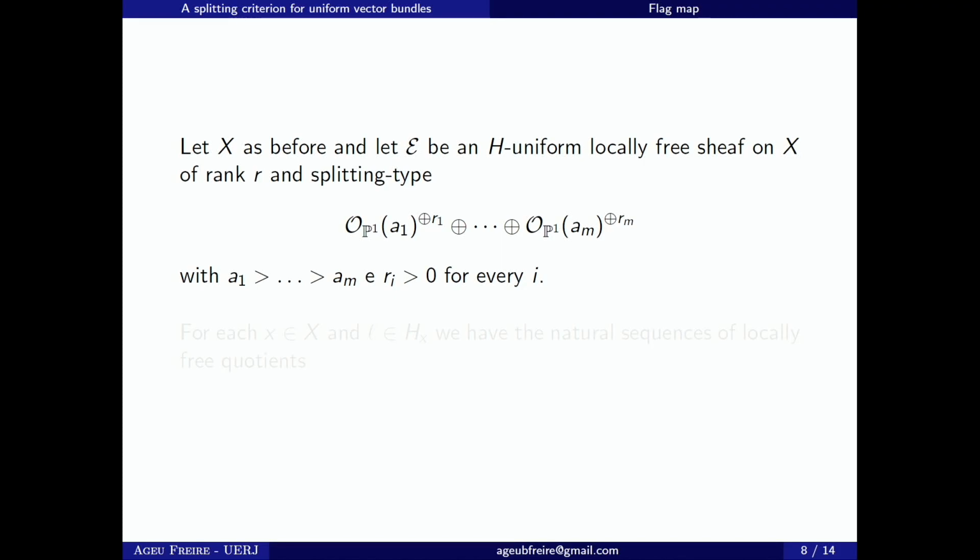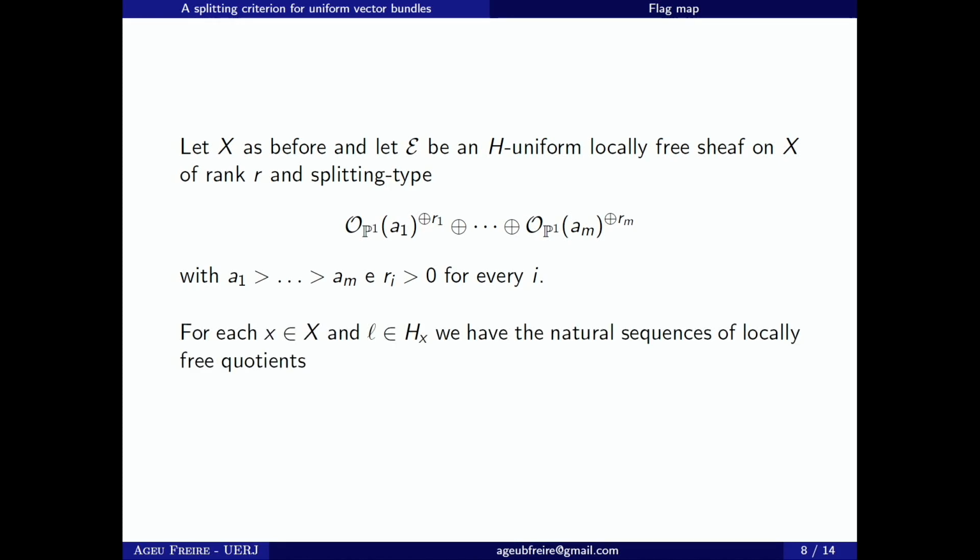Now, we would like to construct a map which will bring to us some properties of the splitness of a locally free sheaf. For this, we consider x, a point in big X, and a line passing through x.